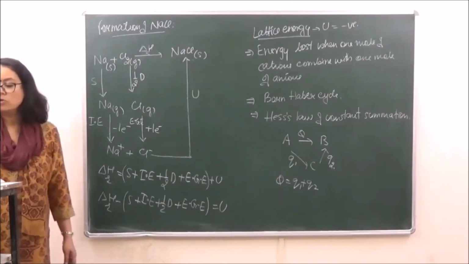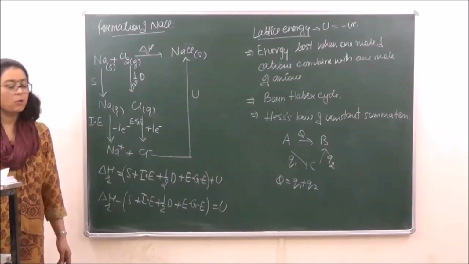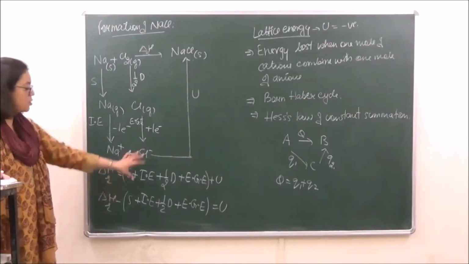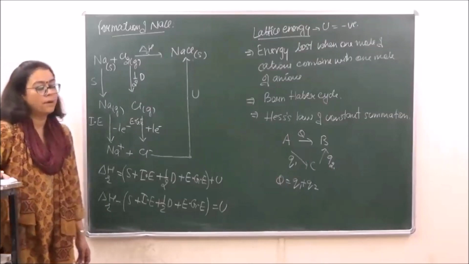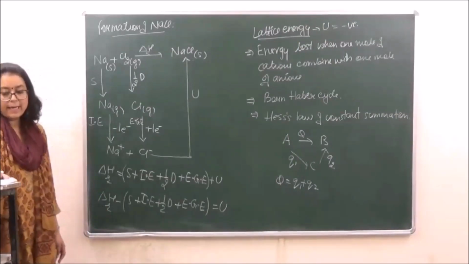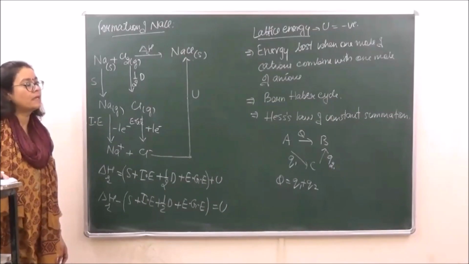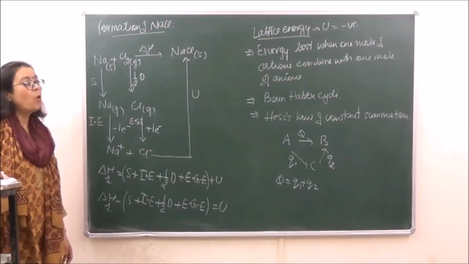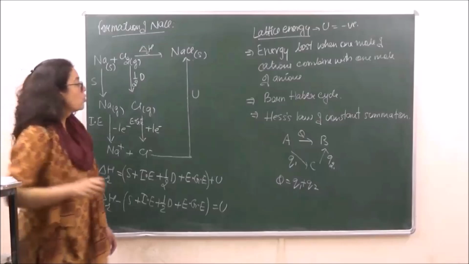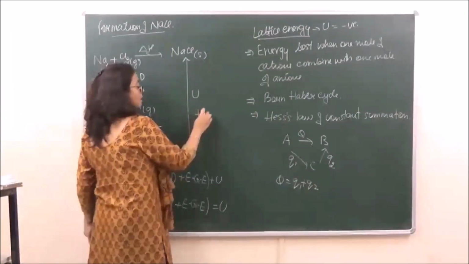Okay? This we will also do in thermodynamics once again, but over here only this much is required for you to remember. Now over here we say that all the compounds which have high values of lattice energies, that is, more energy is released. So what will the consequences be?